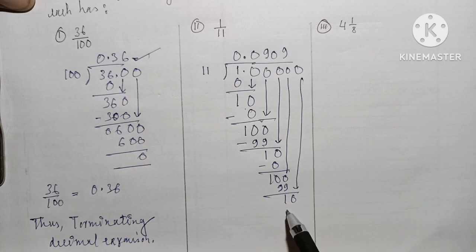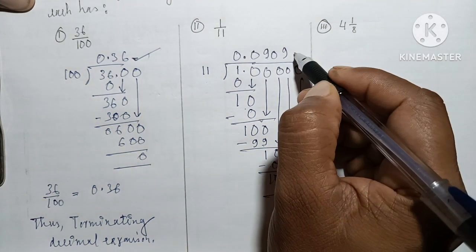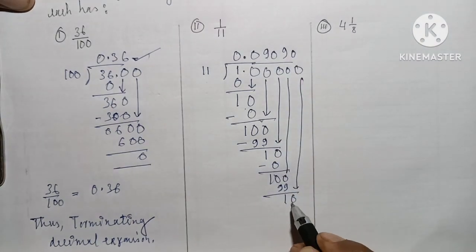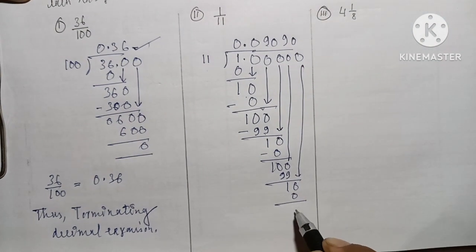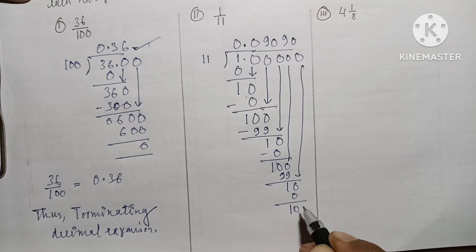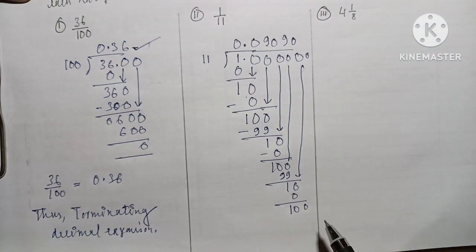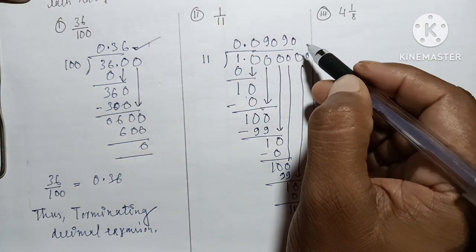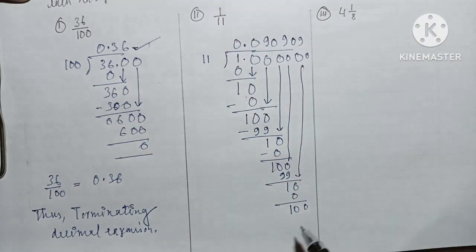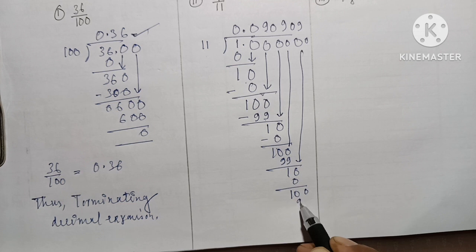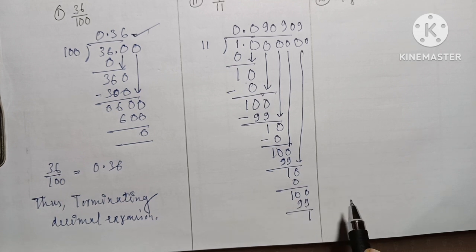Then it is not possible. Again you give 0. Then 10. One more 0 is here. And 11 9s are 99. Again 1.